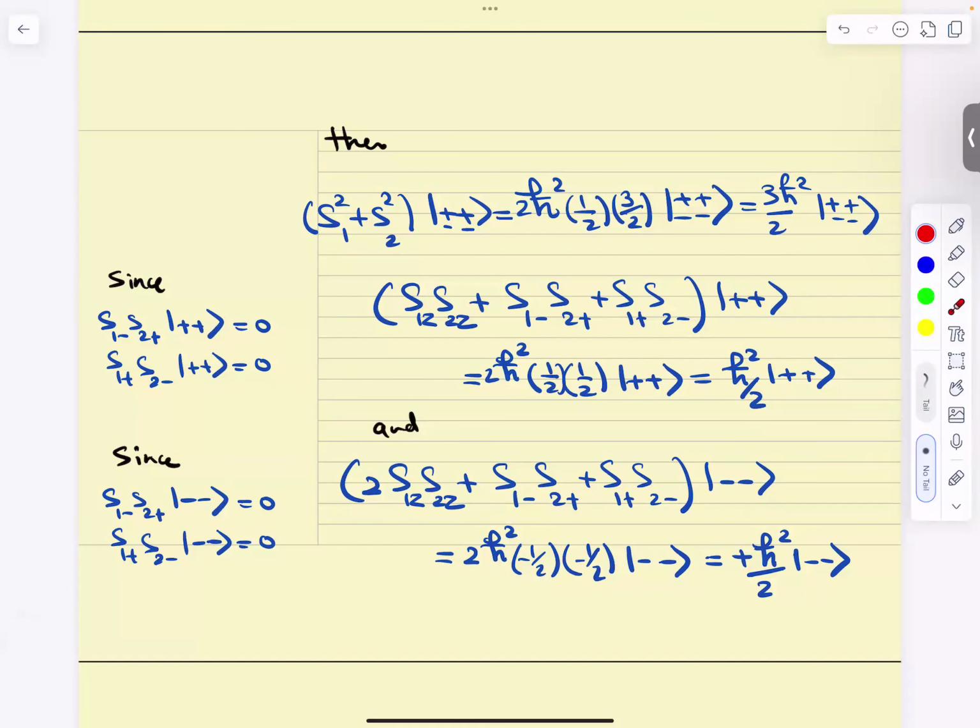Now, let's act with S1 squared plus S2 squared. These kets are, of course, eigenkets of those as well. What's the eigenvalue of, for example, S1 squared acting on this? It only acts on the plus, right?